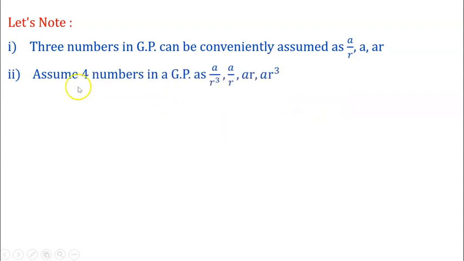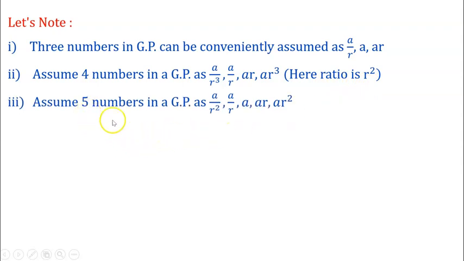Next, assume four numbers in a GP as A upon R cube, A upon R, AR, AR raised to 3. Here the ratio is R square. Okay. Assume five numbers in GP as A upon R square, A upon R, A, AR, AR square. Okay. You will need all these to solve problems.